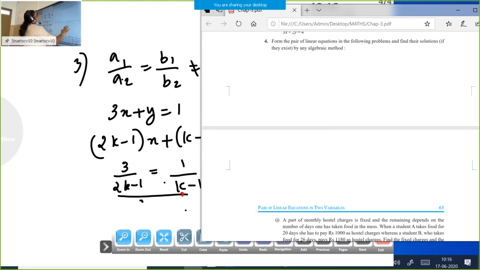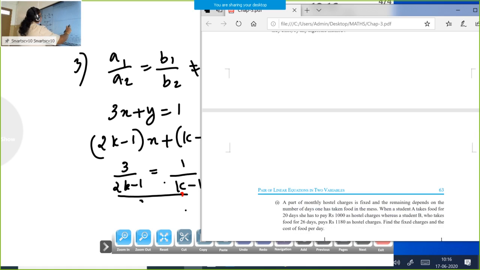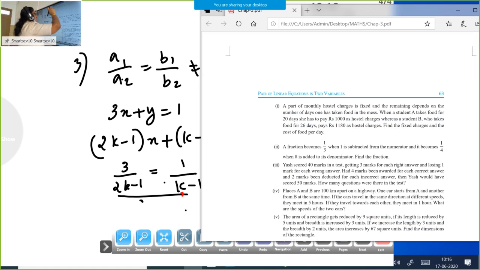Fourth question. Form a pair of linear equations in the following problem and find the solution if they exist by any algebraic method. First question, word problem. A part of a monthly hostel charge is fixed, and the remaining depends on the number of days one has taken food in the mess.